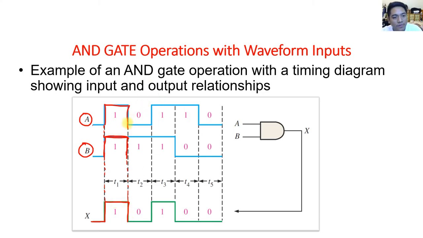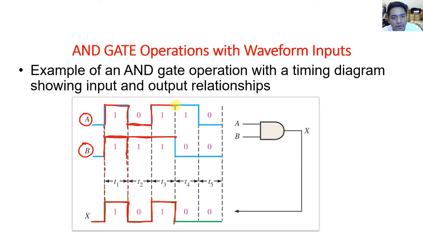But in the case of T sub 2, input A becomes 0, and input B is still 1. So, what do we expect? The output will be 0 because we have an input that is 0. In T sub 3, we have both inputs 1, so obviously both high, and we have an output of 1.